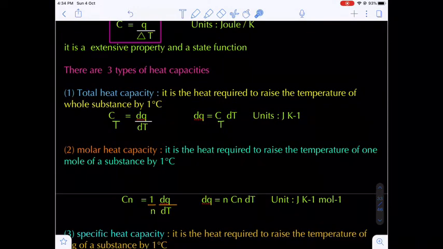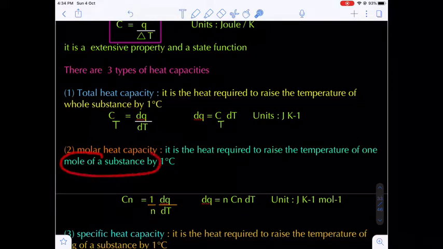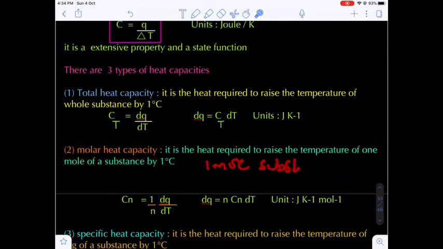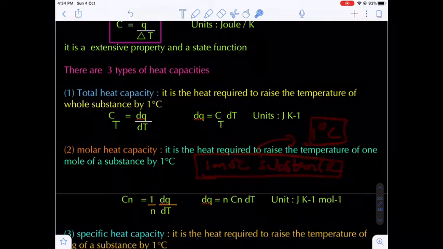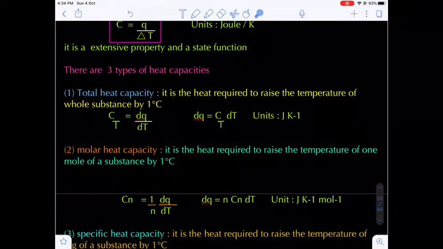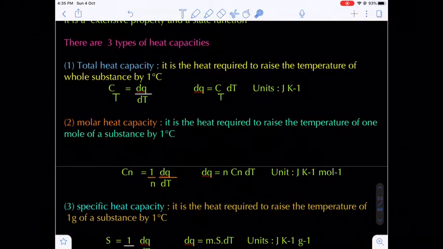The next one is the molar heat capacity. The name itself indicates that we have to consider 1 mole of a substance. The heat required to raise the temperature of 1 mole of a substance by 1 degree Celsius is called molar heat capacity.